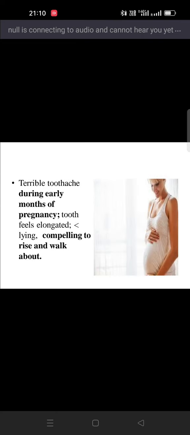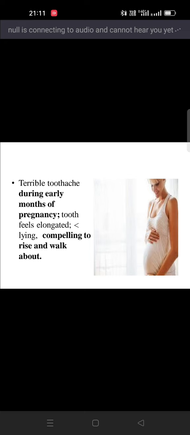So let's start with the symptoms of Ratania peruviana. Terrible toothache during early months of pregnancy. What is the meaning of terrible toothache? Terrible toothache means extremely painful, pain which the patient can't tolerate. How will she express herself?